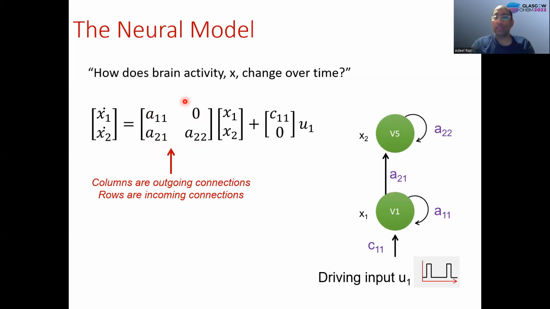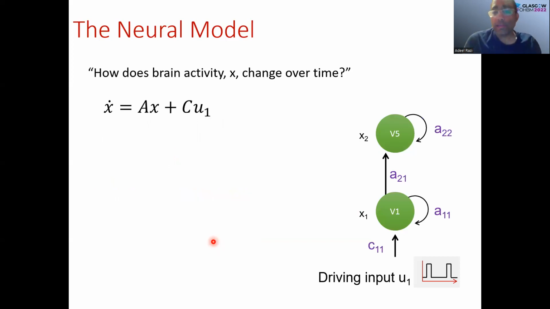This is how we define the structure of this model, and you can then write this more concisely as x dot equals A, which is now a matrix, times x, plus C, which is now a column matrix, times the external input U1. So we can now write the system of equations in this form.